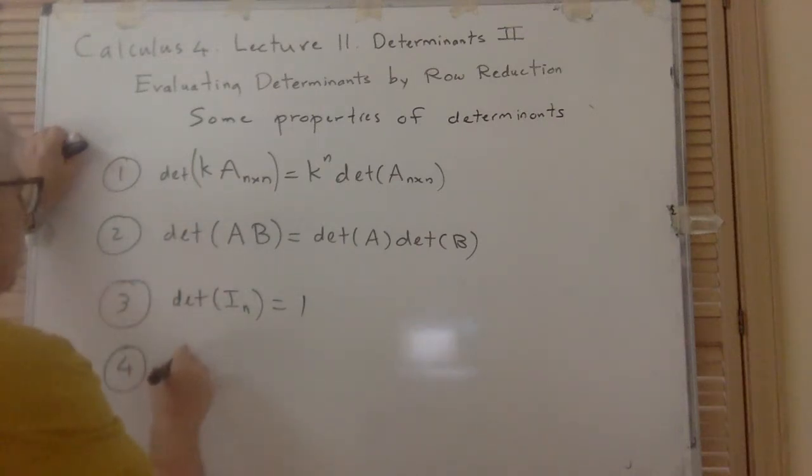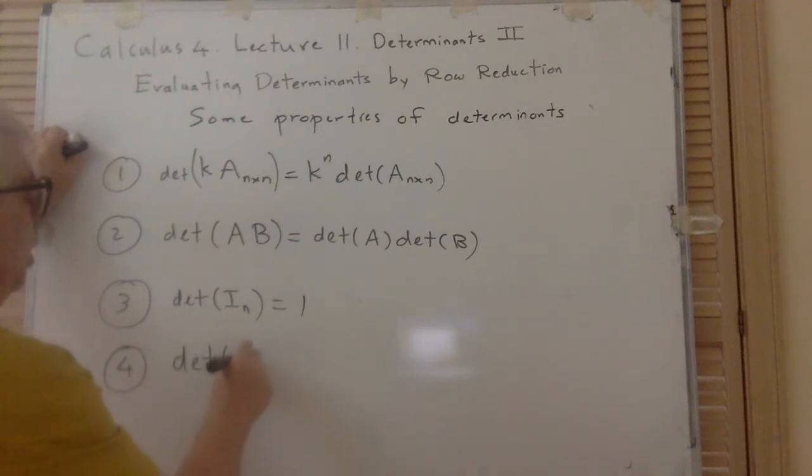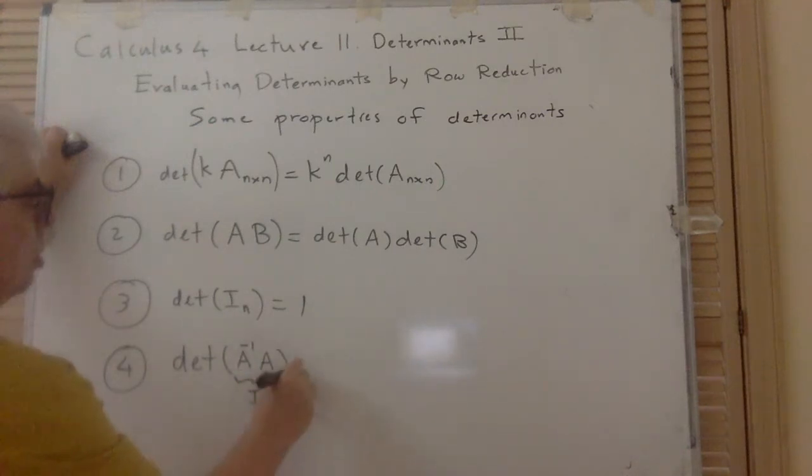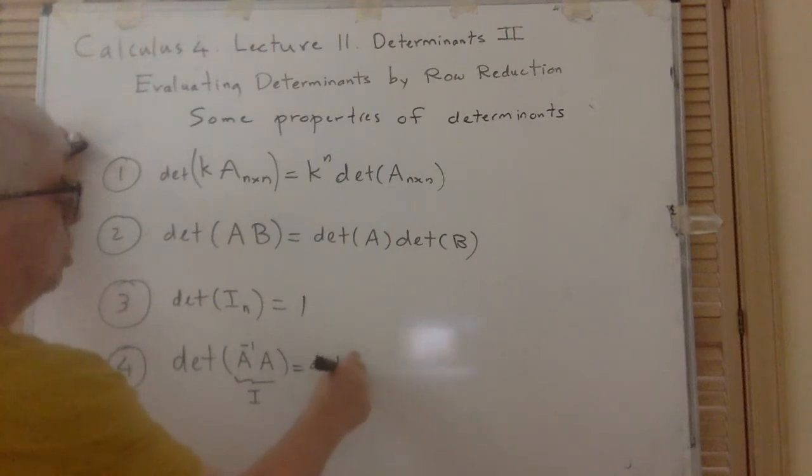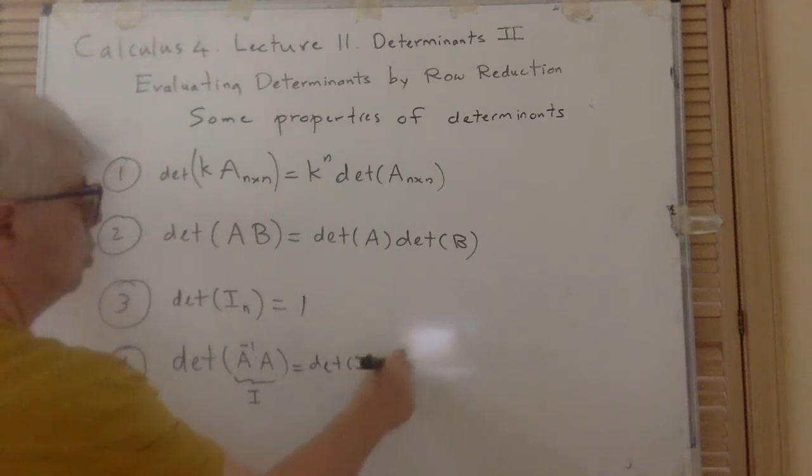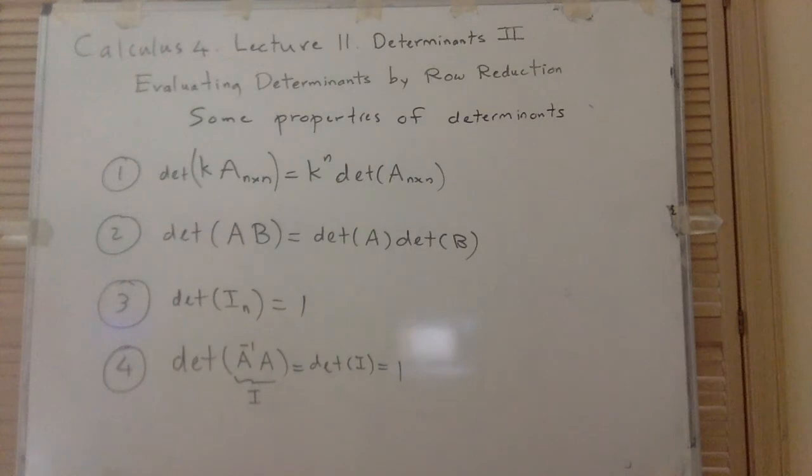And number 4: now this one can give me the determinant of A inverse. So let's find the determinant of A inverse times A. This is I, right? So that's equal to the determinant of I, which is 1. So the determinant of A inverse A is the determinant of I, which is 1.